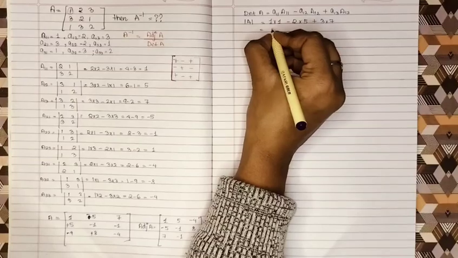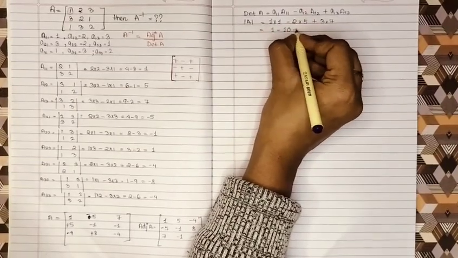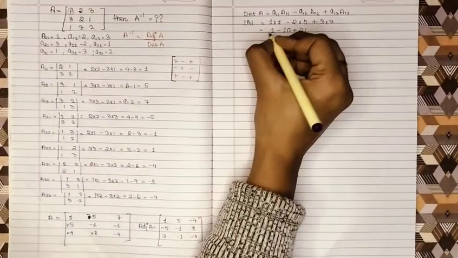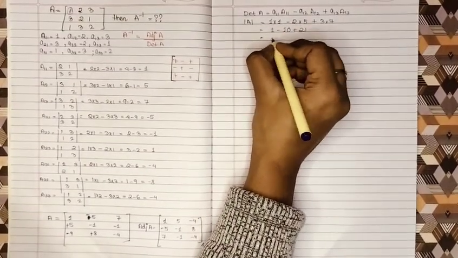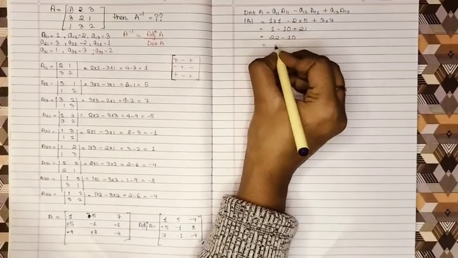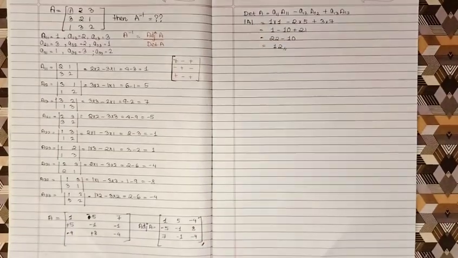So we get 1 into 1 is 1, minus 2 into 5 is 10, plus 7 3s are 21. Now 21 plus 1 is 22, minus 10, so we get the answer as 12. So this is our determinant.